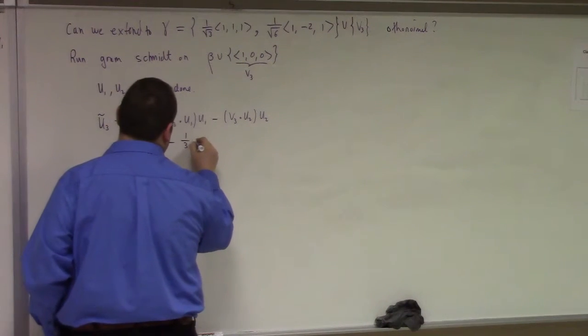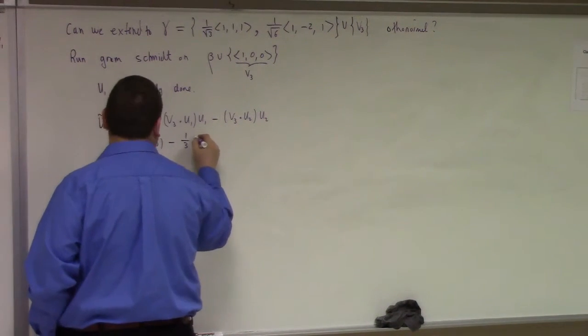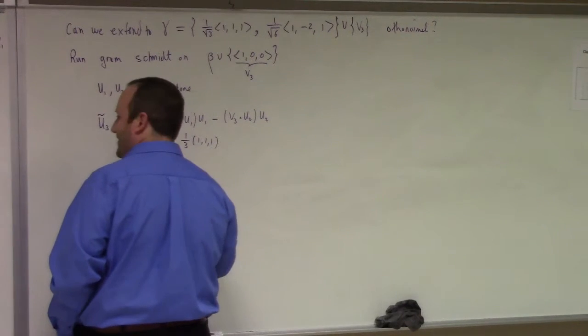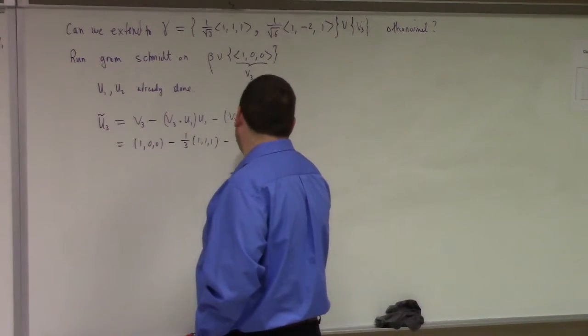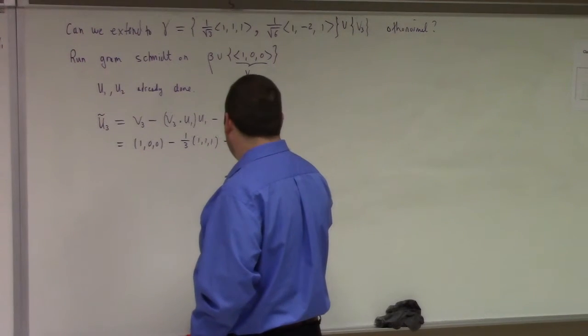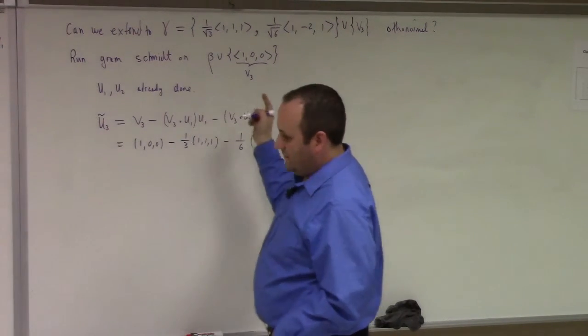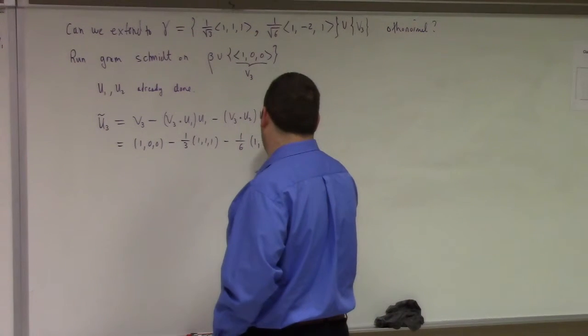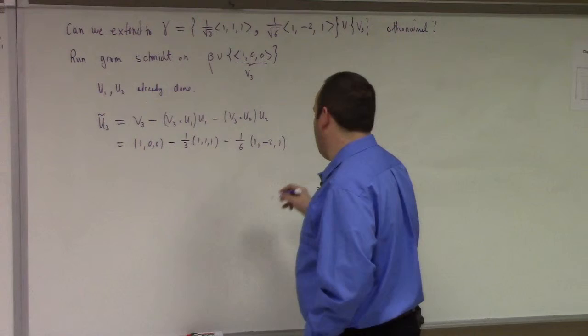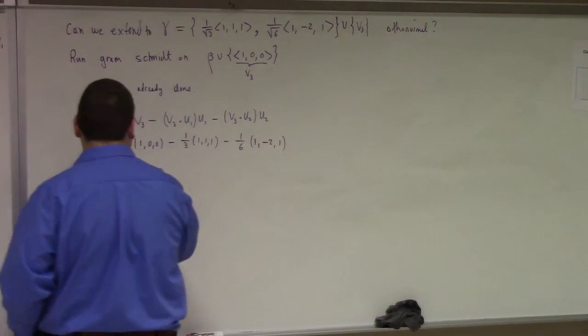1 over, yeah, don't die. Thank you. I'll try not to. 1, 1, thank you, that's very kind. U2 minus 1/6. What's V3 dot U2? That's just going to be a 1 again. Oh, this is rather boring. And so what do you got? U3 tilde.